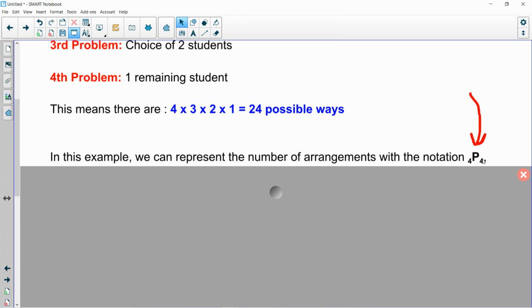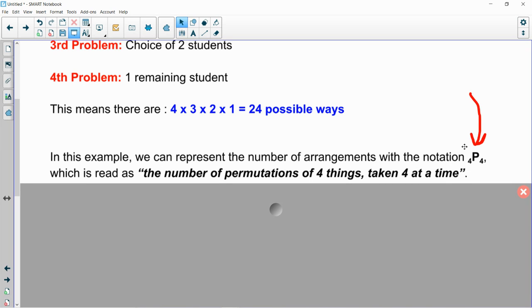Notice we've got a P in the middle, a 4 on the left, and a 4 on the right. We're going to talk about what those 4s represent. They are what we call subscripts. They're the opposite of superscripts, which are often what we see as exponents. So they're dropped down low, and they're made a little bit smaller.